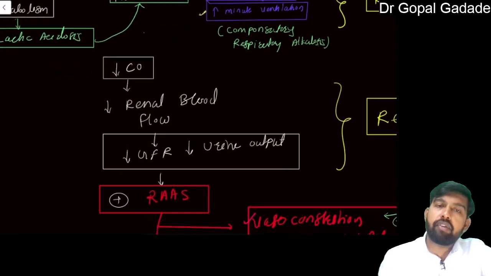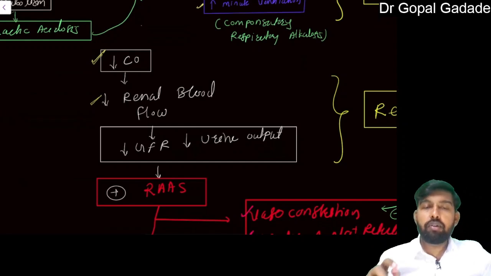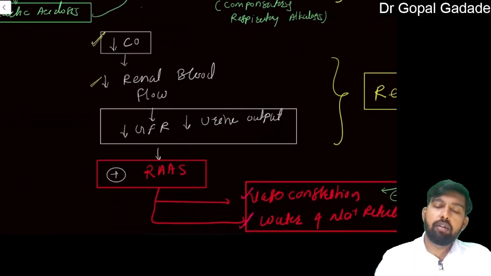So let's see the effect on the renal system. Because of the decreased cardiac output due to shock, the blood supply to the renal system is also going to be decreased. So it will lead to the decreased GFR and the decreased urine output.